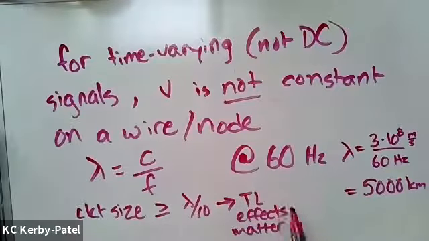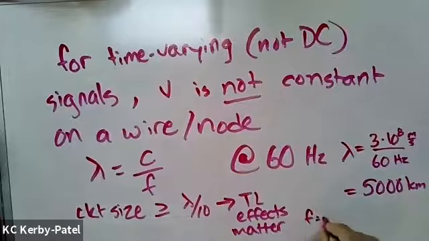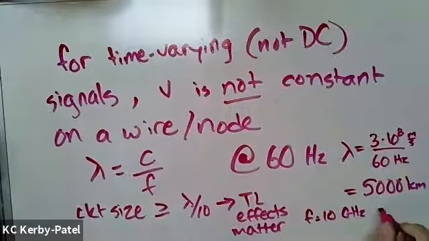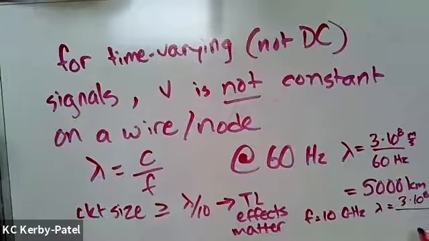But let's take a look at what happens at 10 gigahertz. In that case, if we do the same thing, the wavelength is 3 times 10 to the 8 meters per second, and the frequency is 10 times 10 to the 9th hertz.